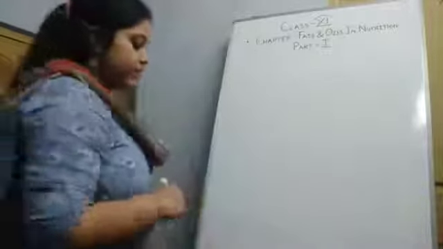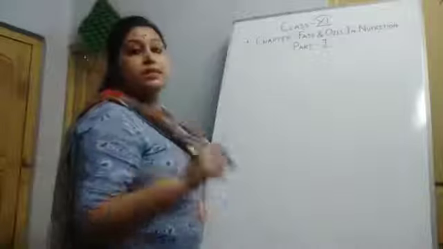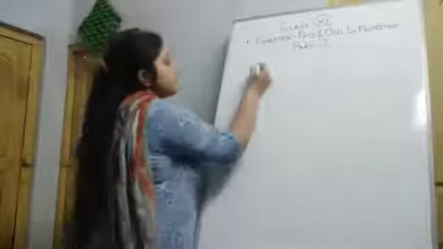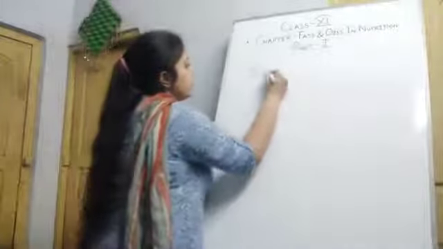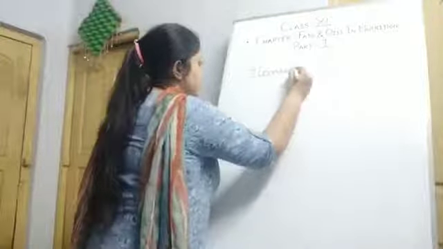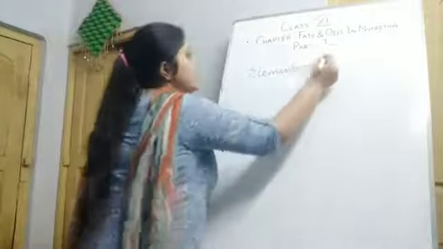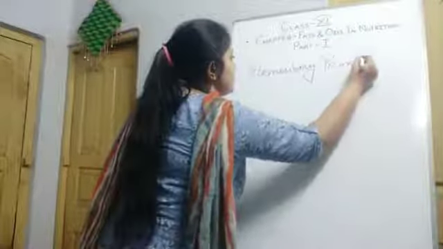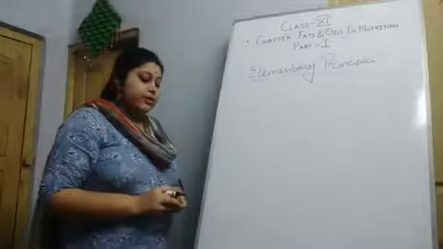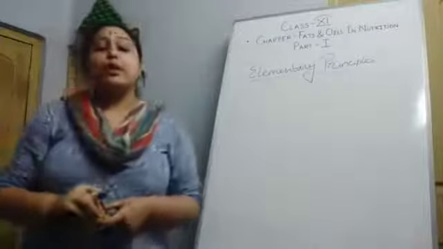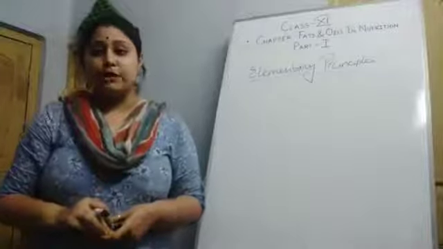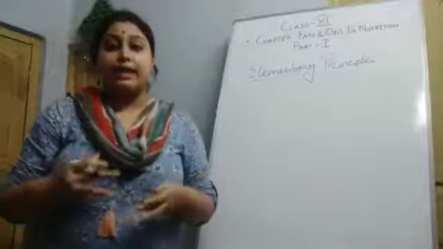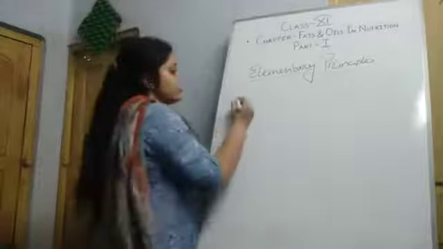And the very first thing we have to know is the elementary principles of the fat. So first, what is the composition of the fat, by which a fat can be produced.